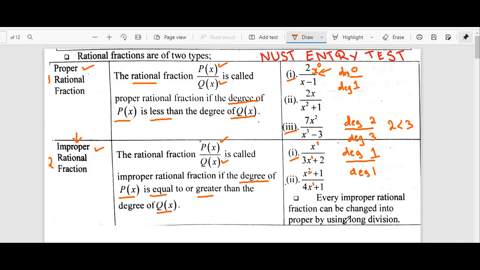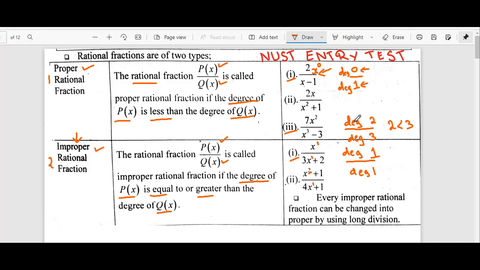We'll discuss that later. So far, you guys should only know the difference between proper and improper partial fractions. In proper, the degree of numerator is less than the degree of denominator, and in improper, the degree of numerator is either equal or greater than the degree of denominator.